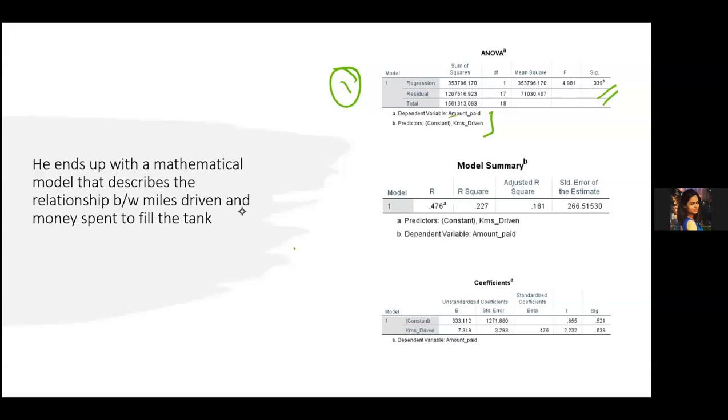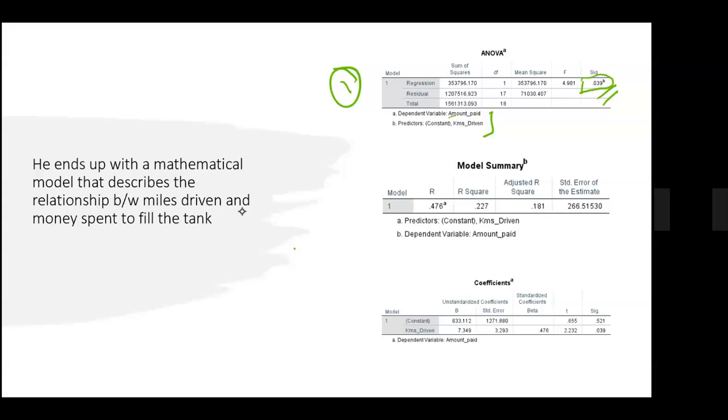क्या वैल्यू होनी चाहिए significant के लिए? Less than 0.05, not 0.5, 0.05. So is it less than 0.05? Yes. No. What is the value? 0.039.